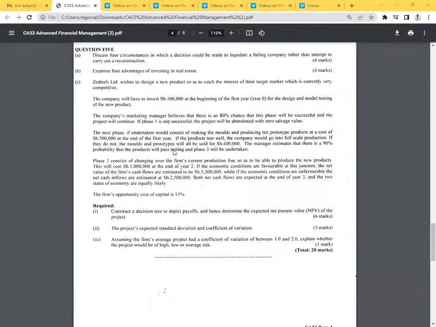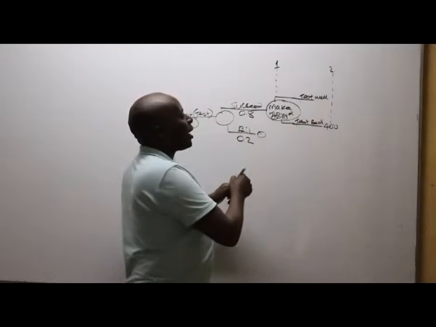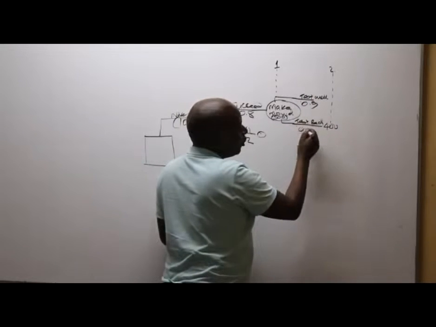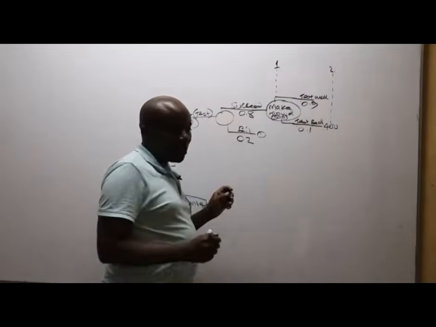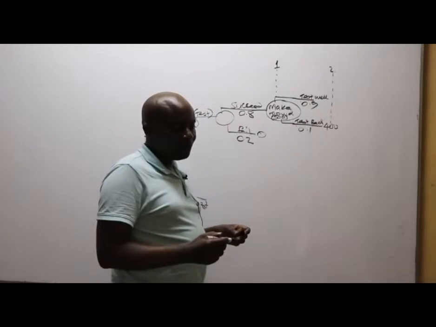The manager estimates that there is a 90% probability that the products will pass testing and that phase 3 will be undertaken. So there is a 90% probability that these things will test well. So testing well will be 0.9, and of course testing poorly will be 0.1 if you're following.